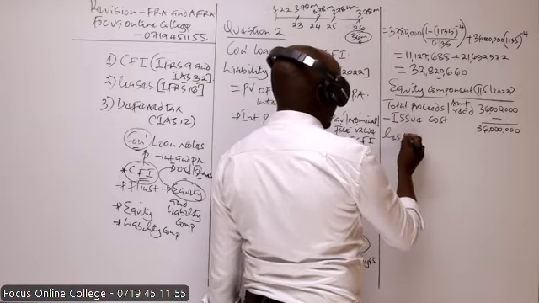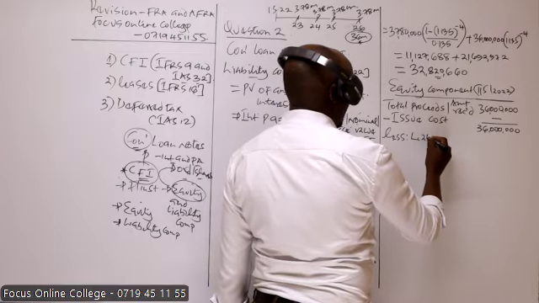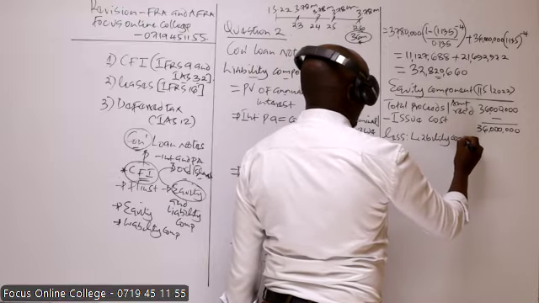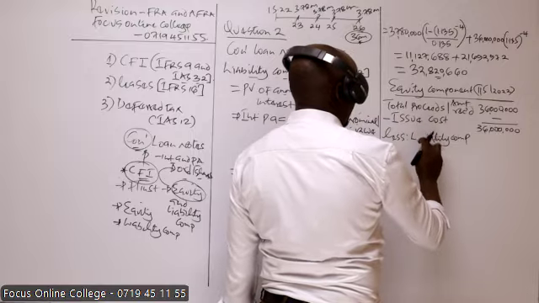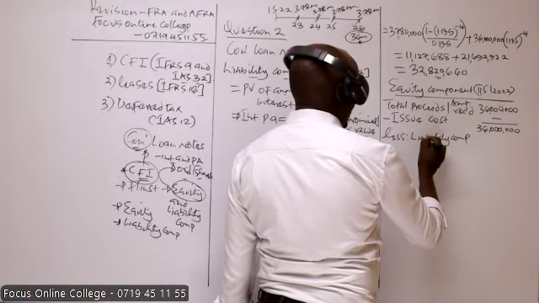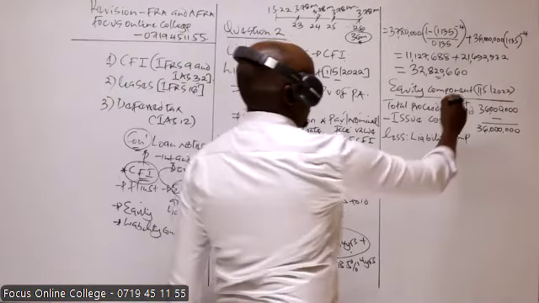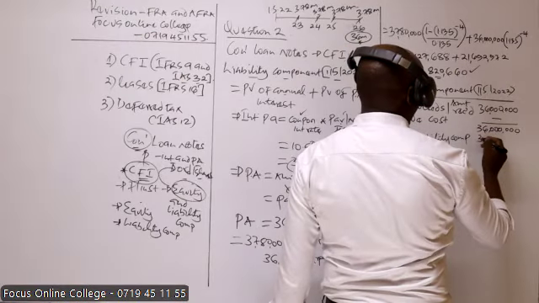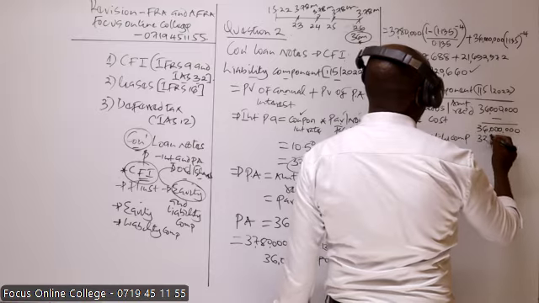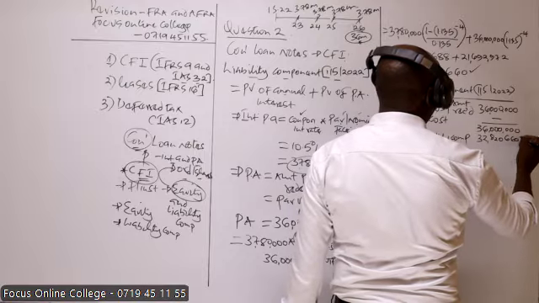Having this, we proceed and deduct the liability component, which you have computed in step number 1. Remember, the liability component which you have computed is what we have here, and that is 32,820,660.